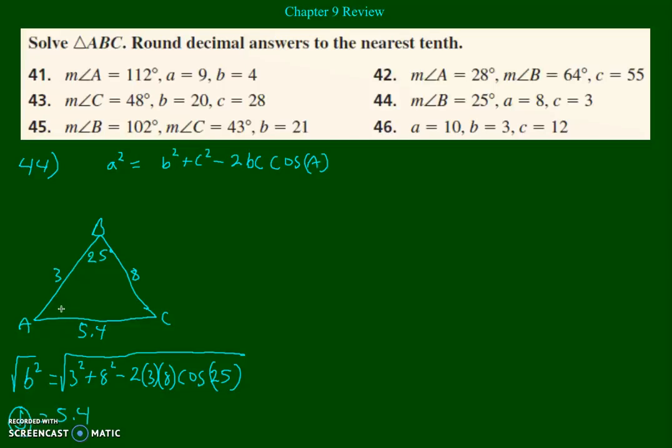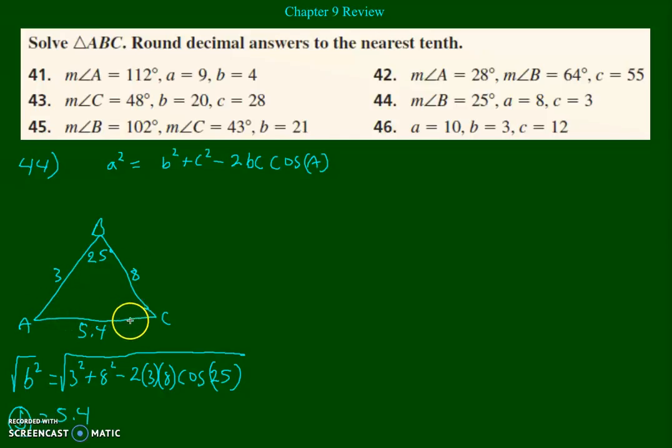So the trick is here to use law of sines to find the smallest angle first, and then use the triangle sum theorem to find the biggest angle. Now you can see by the largest angle theorem and the longest side theorem, this side is the longest side, so that means A is going to be the largest angle.